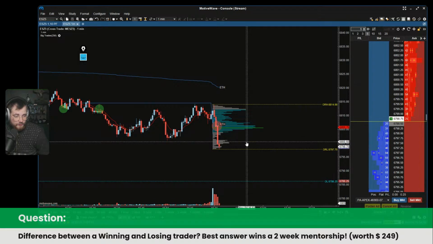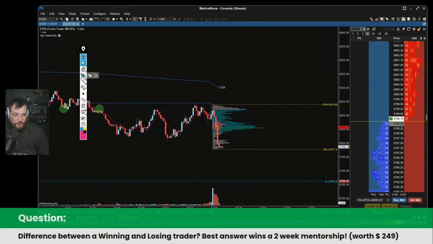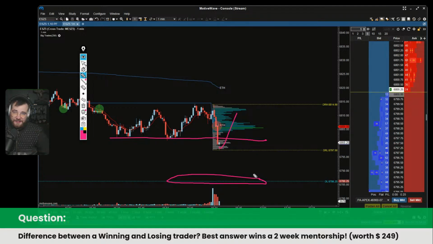We ran this micro low here. Now the question is, did we just run the stops and turn? I feel like the overnight low is gonna be a level that is kind of a magnet because statistically speaking, it's like a 1% chance that the overnight low or high doesn't get hit in a trading session.